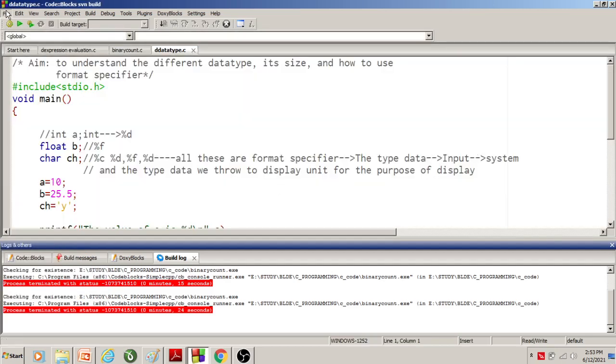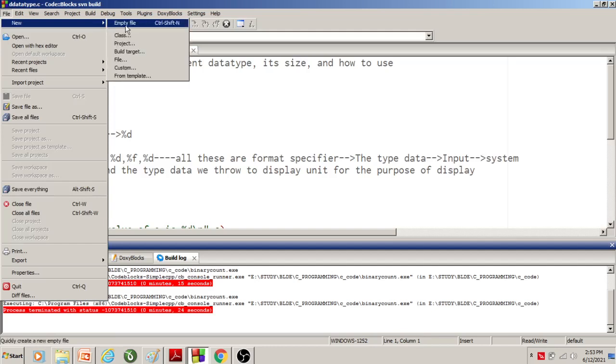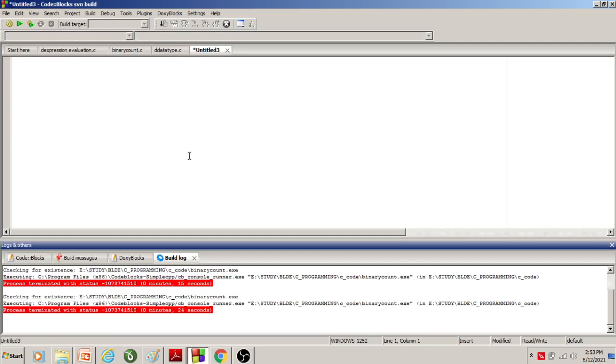Here I just open a new file. Okay, so hash include stdio.h, void main.